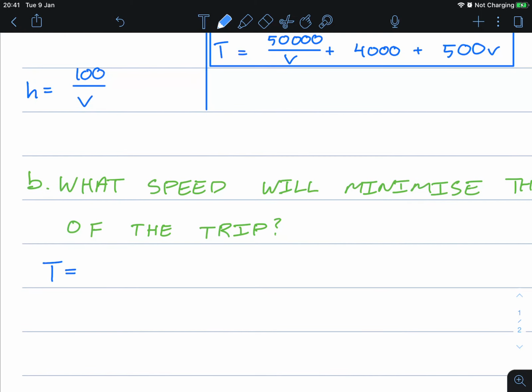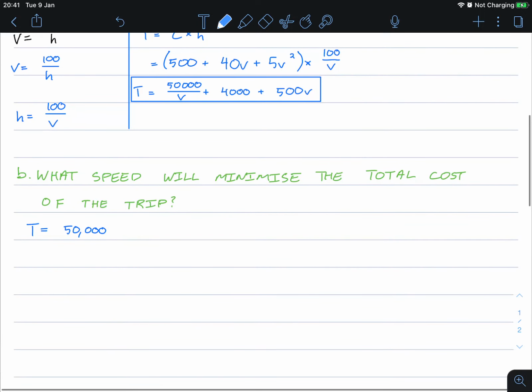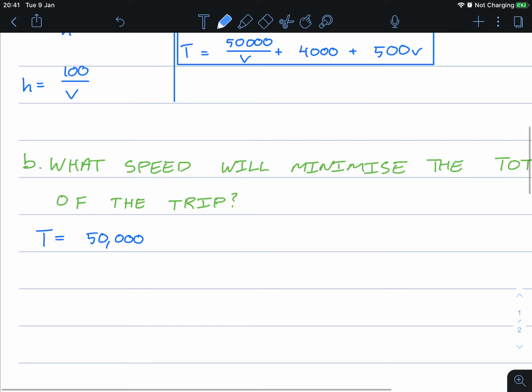T is equal to 50,000, and because I know we're going to be moving into differentiation, I'm going to express this as V to the negative 1, plus 4,000, plus 500V.